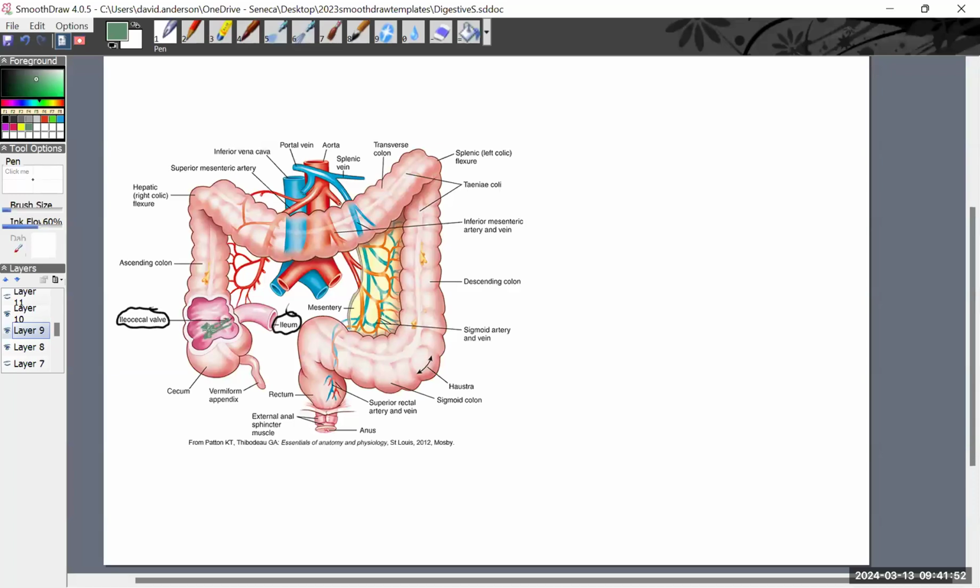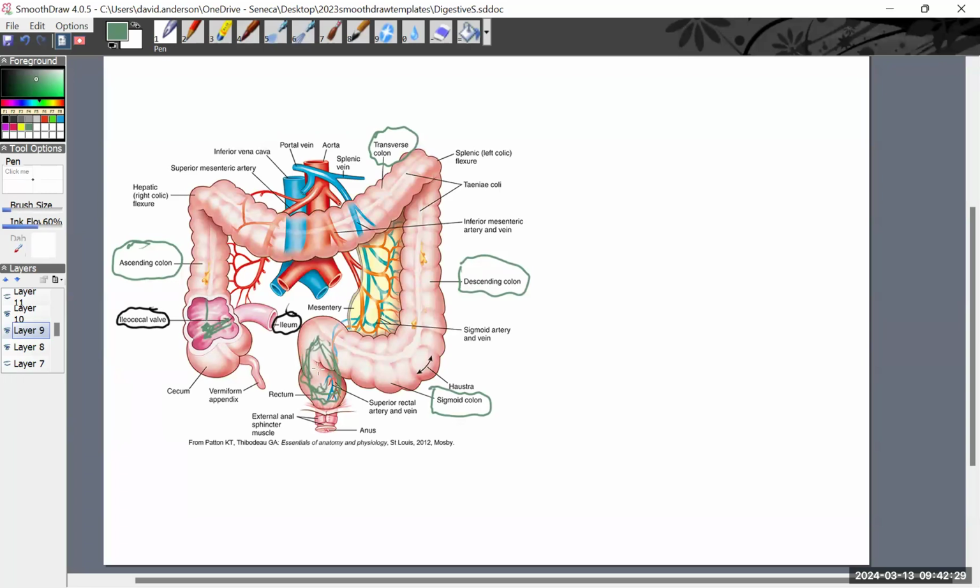And that mass of now stool or feces is going to accumulate and be driven up the ascending colon, across the transverse colon, and down the descending colon. Sometimes this S-shaped component here is described as the sigmoid colon. It's part of the descending colon, and that mass of waste is going to enter the rectum.